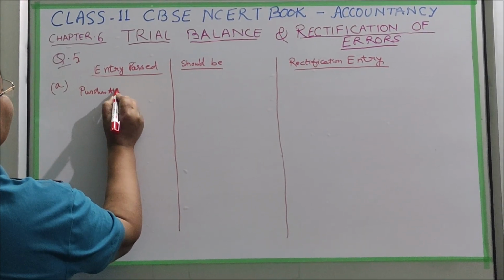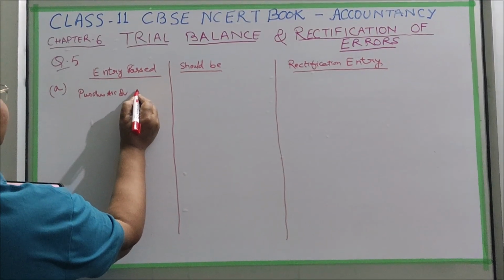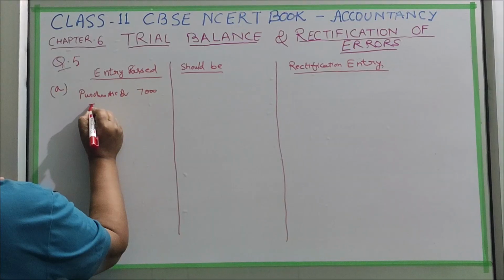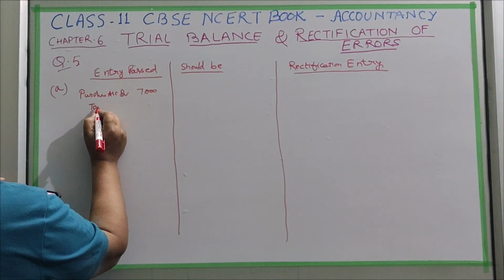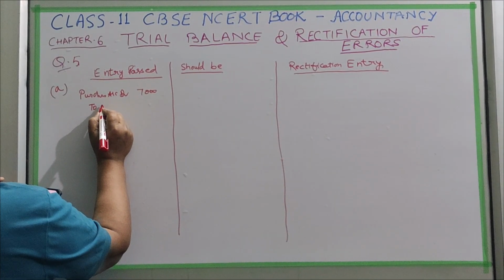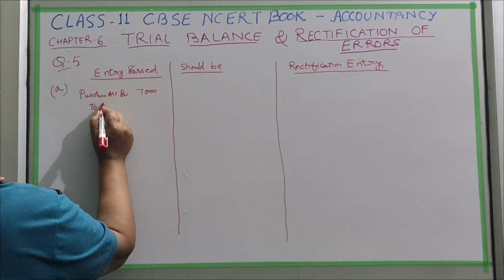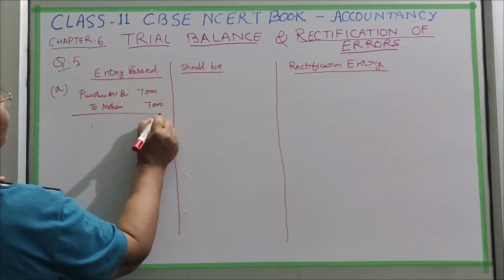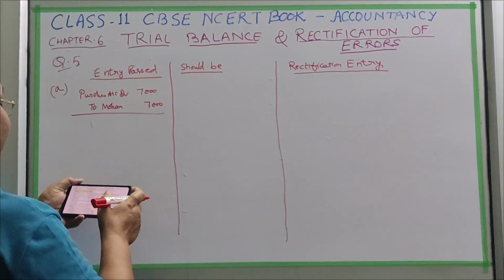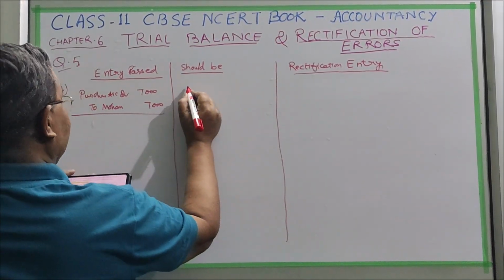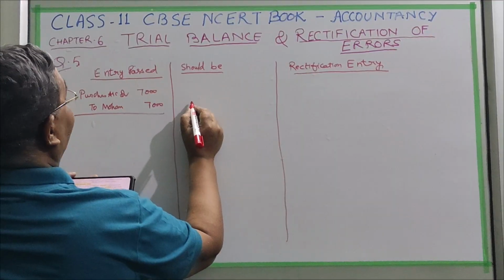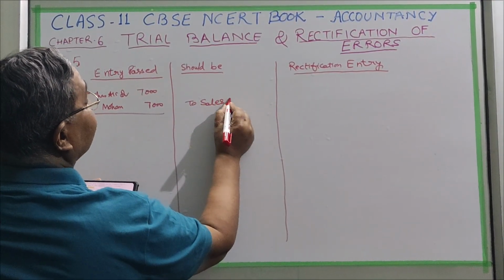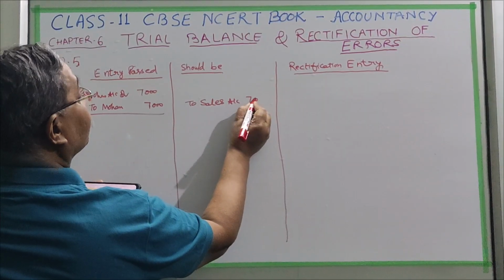You have debited purchase account by 7,000, and any debit in purchase account automatically creates a credit entry in the ledger to whatever name is there, to Mohan. So here in the question it is Mohan. So Mohan's account will automatically be credited. And what should you have done? You should have done sales account.